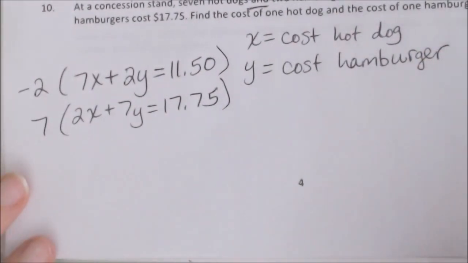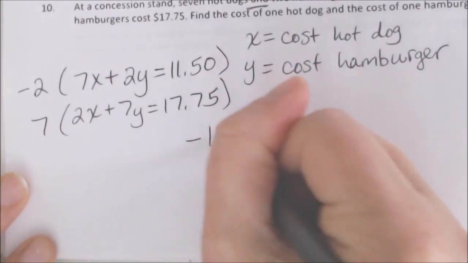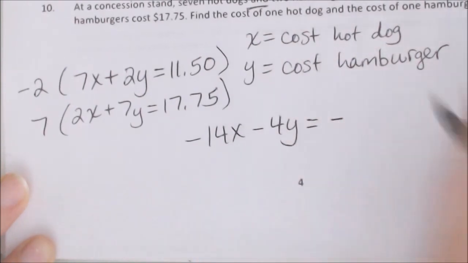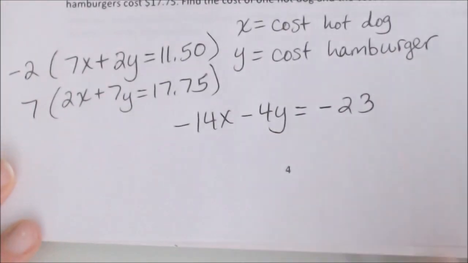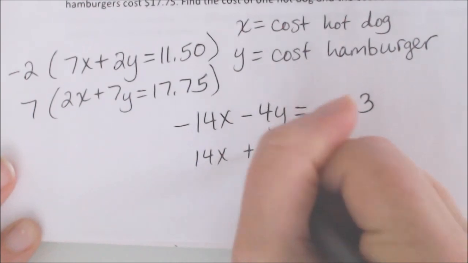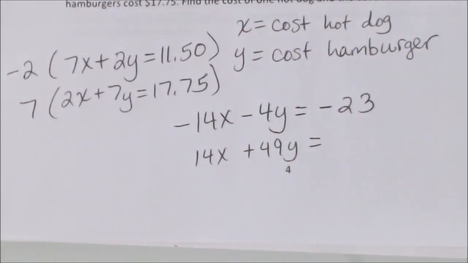Let me come down here and rewrite my equations. So I'm going to have -14x minus 4y equals negative $23, $11.50 times 2. The bottom equation, we're going to have 14x plus 49y equals, now I'm going to use my calculator here, 7 times 17.75 is 124.25.